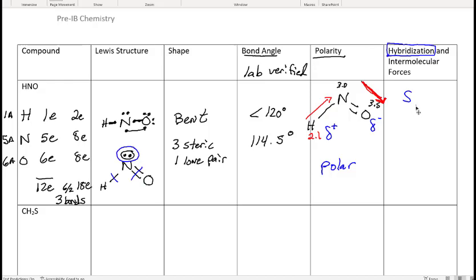So that's our sigma bond. Then we have 2 others that are going to have to use p orbitals in order to share their electrons. So 1s and 2p gives me all 3 areas. So the hybridization is using 1 s orbital and 2 p orbitals in order to share these electrons. And so we call this sp2 hybridization.